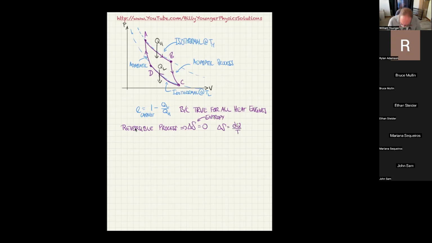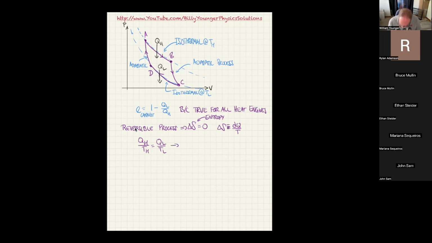So what you can interpret here is QH over TH is equal to QL over TL, because that's the definition of entropy, right?